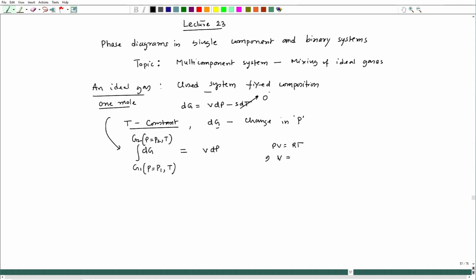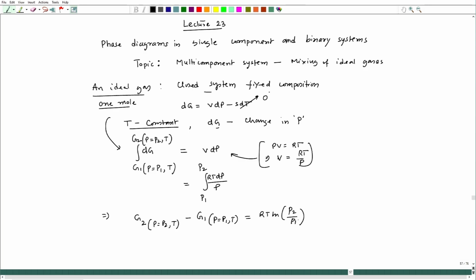and since we consider 1 mole of ideal gas, the equation of state would be PV equals RT. Hence, I can write volume in terms of P. So, this becomes this. So, I can apply this here. Then I can write the integral of RT by P dP, from P1 to P2. So, this becomes G2, the final value at P equals P2 at T, minus G1 at P equals P1 at T, equal to RT ln P2 by P1.